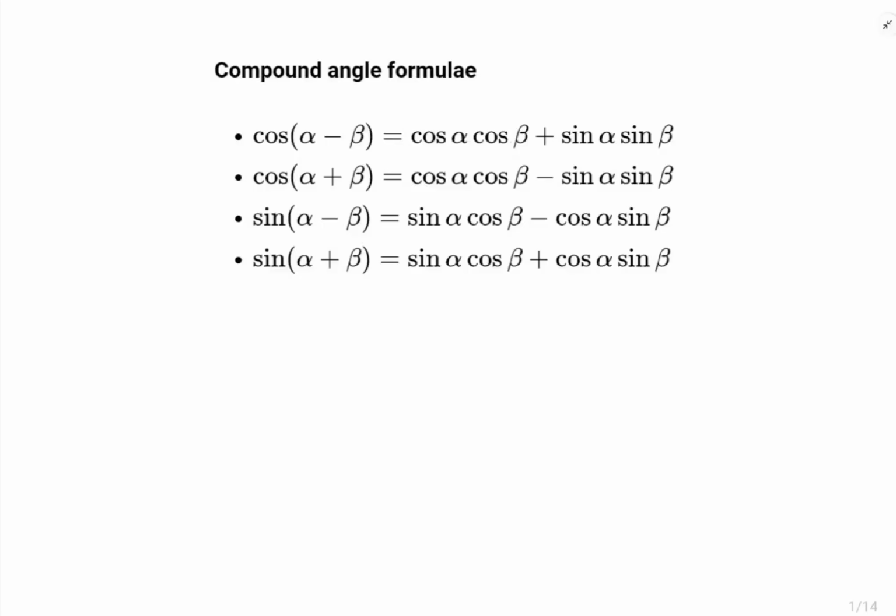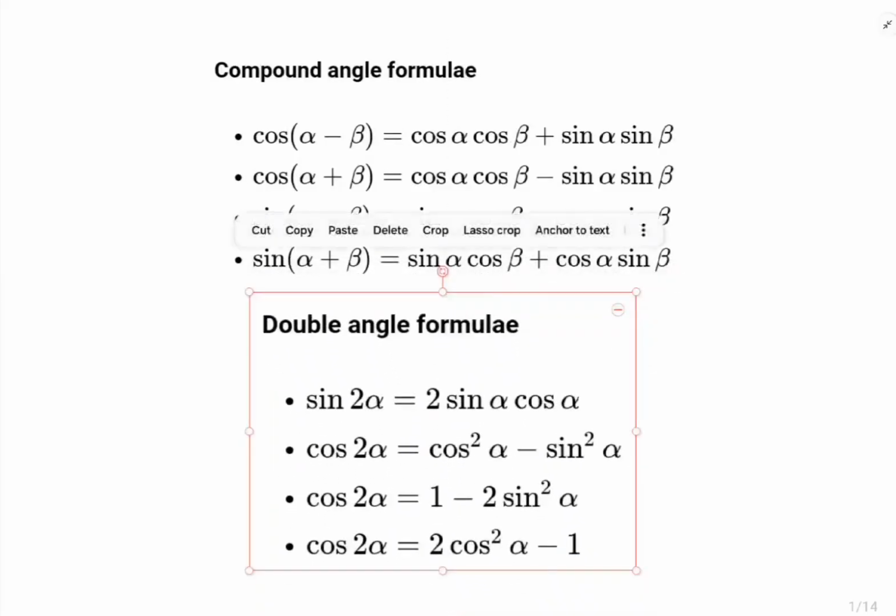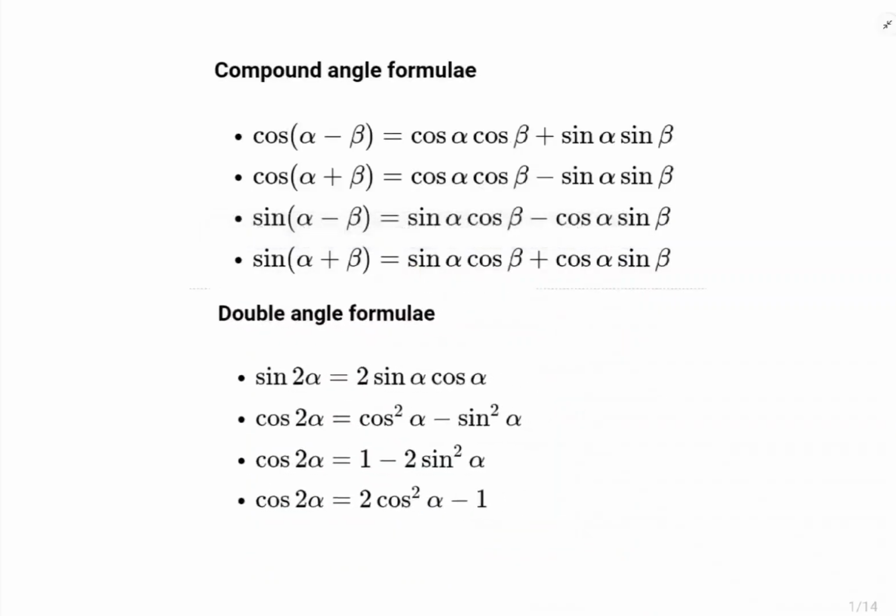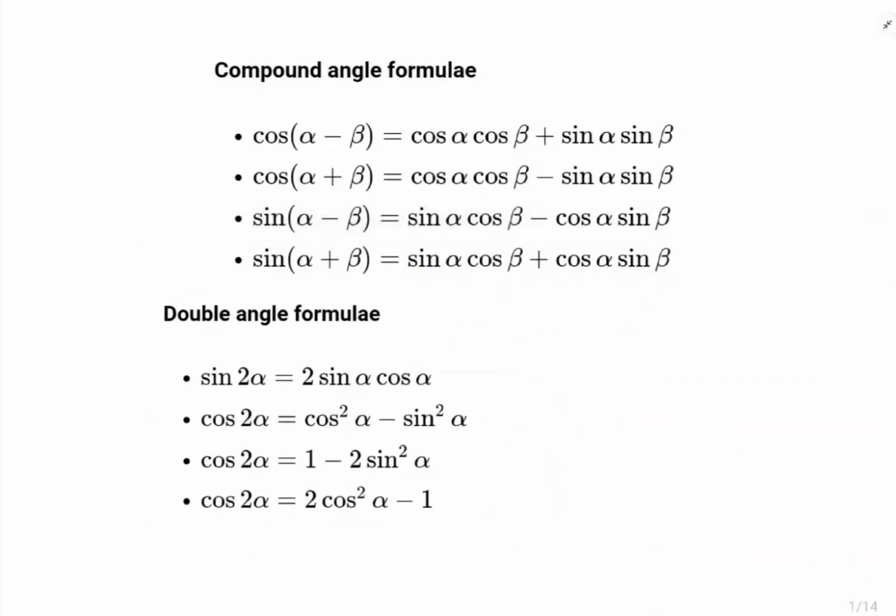So now extending on to compound angle formulas, there are what we call double angle formulas, which pretty much follow the same logic. So if you're given a question in these forms over here, 1, 2, 3, 4, you might want to expand them out in these forms over here, right?